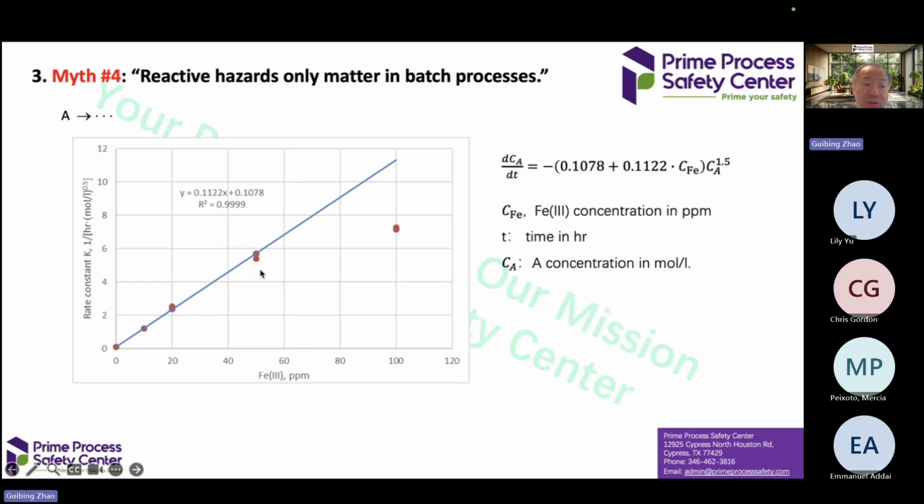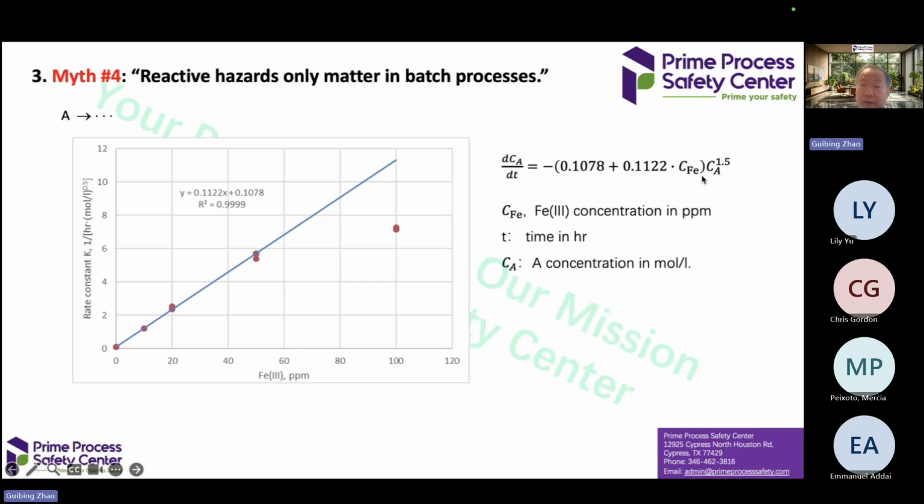When ion concentration is less than 50 ppm, the curve shows a linear change with ion concentration. But over that, the impact flattens. But at least for ion concentration less than 50 ppm, we can get the reaction kinetics of how component A decomposes with ion concentration change.